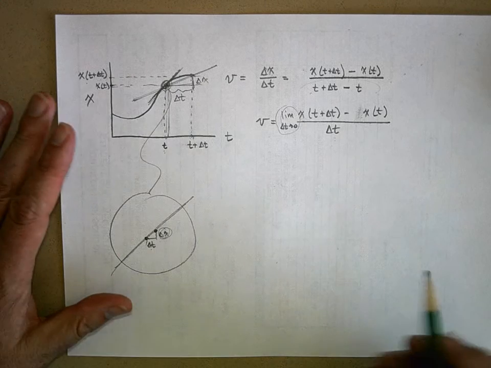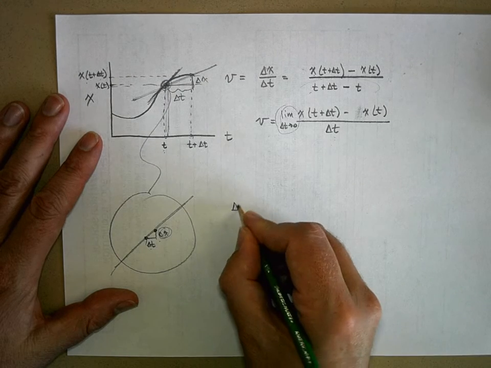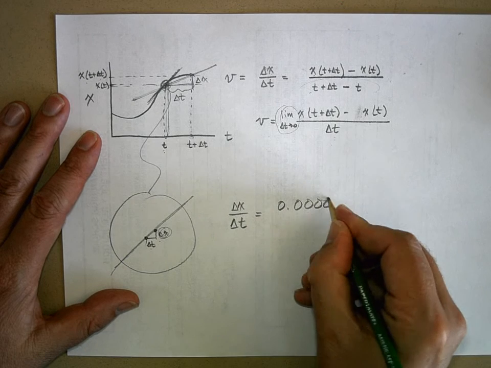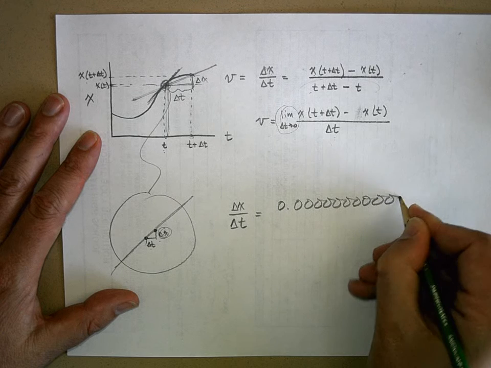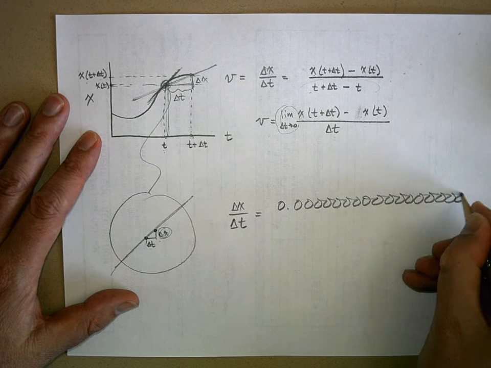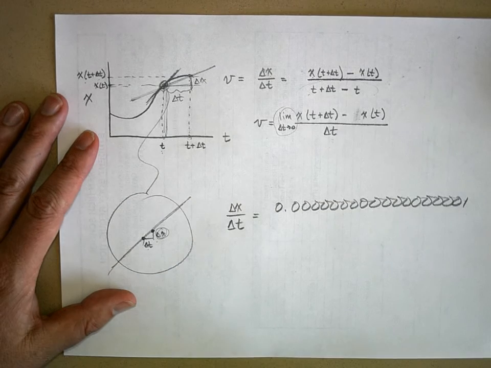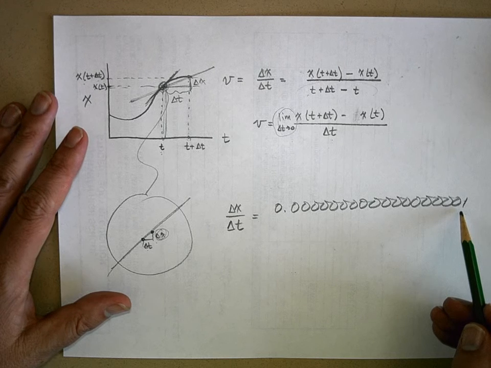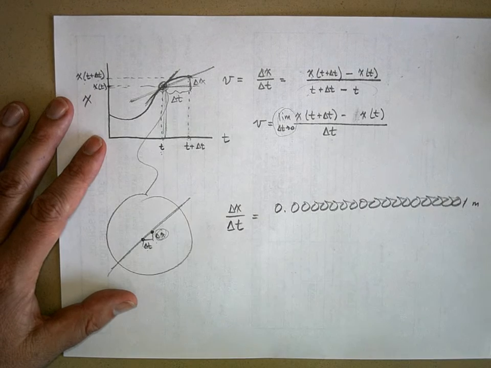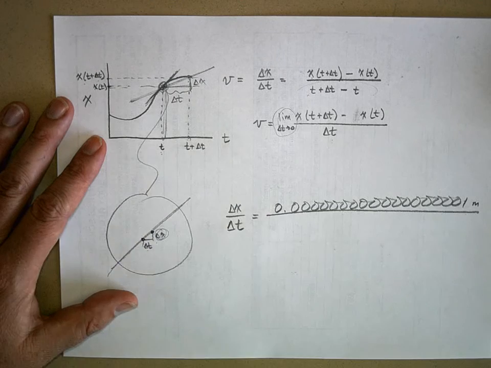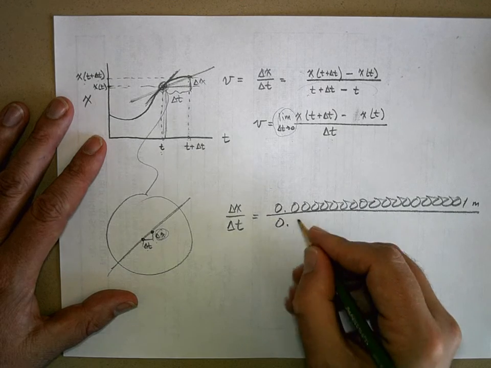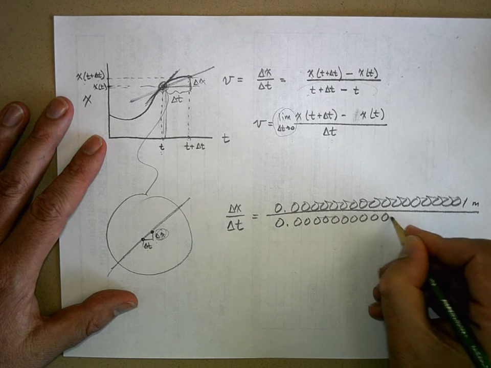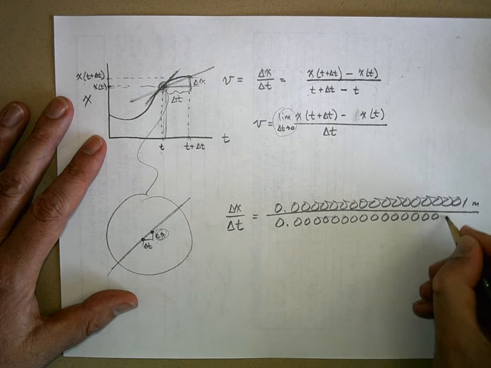Here's delta x over delta t. What if this turns out to be 0.00000000000000000000001 meters, like the width of an atom, divided by 0.00000000000000002 seconds?